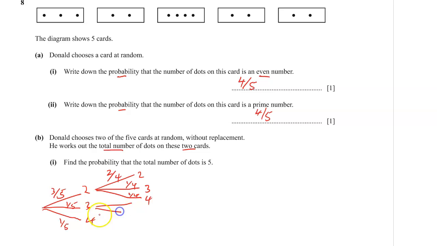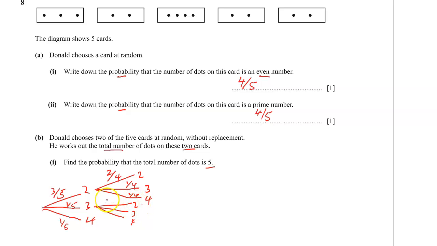Likewise here, for 2, 3, 4, we want a sum of 5. So we are going for this one, 2 and 3, and this will be 2 and 2, 3 and 2. So he has picked 3, then he's picking 2.